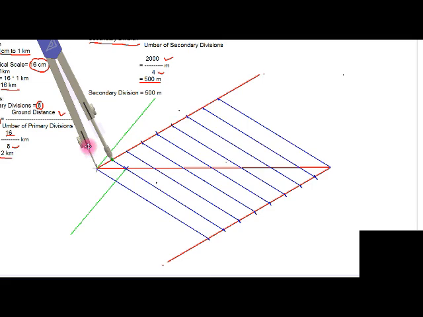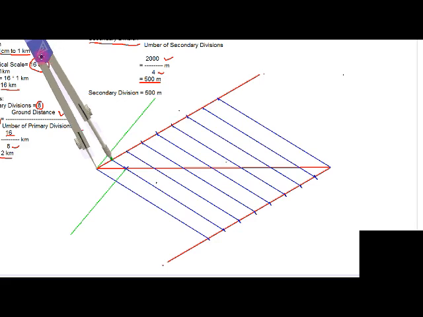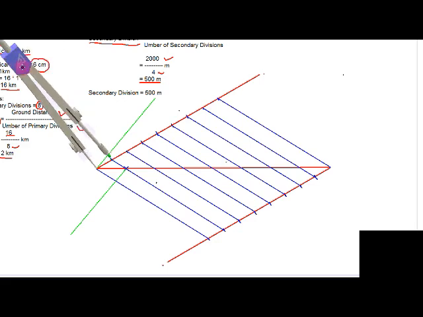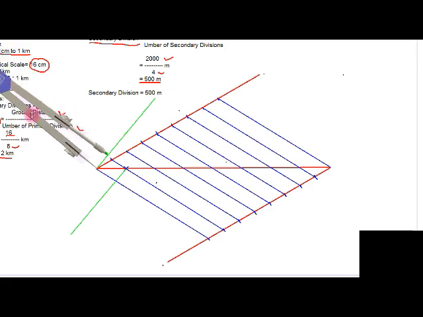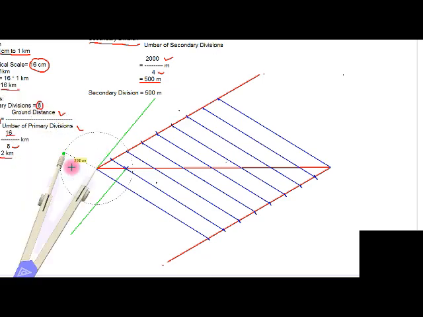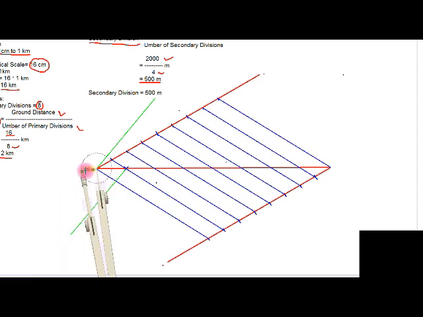When you go to the other one, the distance should be the same, otherwise you will introduce an error. So let me divide these lines. I'll take a little bit smaller distance compared to the previous one.